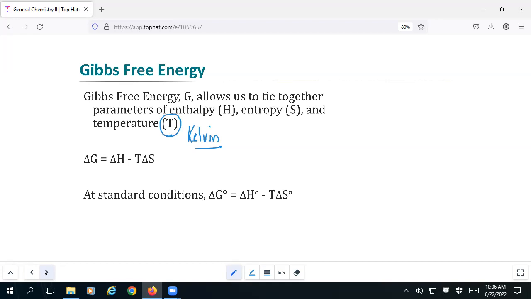When we did this in thermochemistry, it didn't matter if it was Kelvin or Celsius, because we were looking at changes in temperature, and the change in temperature is the same on the Celsius and the Kelvin scale. But when we're looking at just absolute temperature and not change in temperature, we've got to use the Kelvin scale, because that is the only one that directly relates temperature and energy to each other.